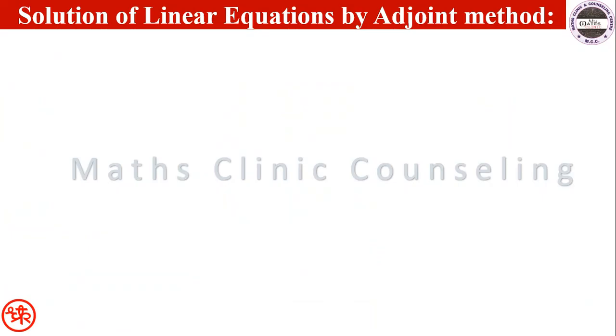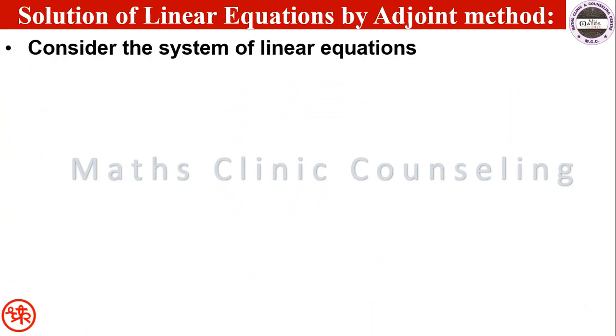So let us see solution of linear equations by adjoint method. Consider the system of linear equations. a1x plus b1y equal to c1, a2x plus b2y equal to c2.